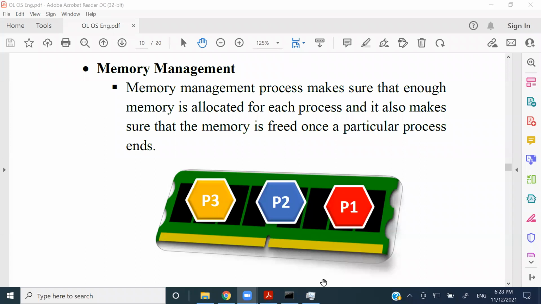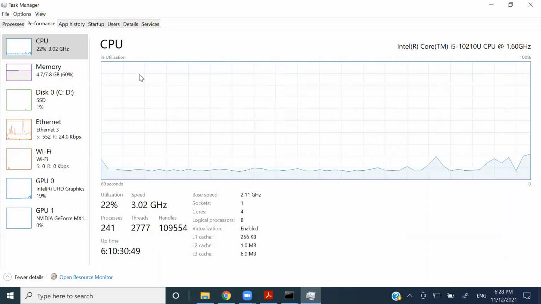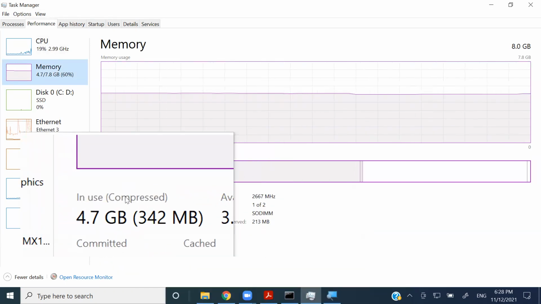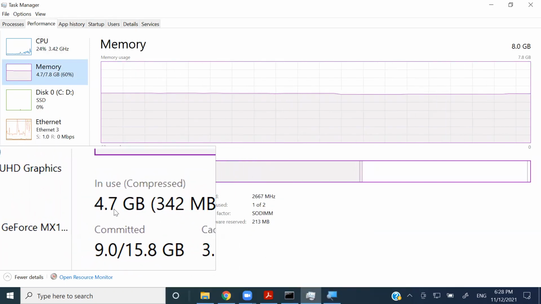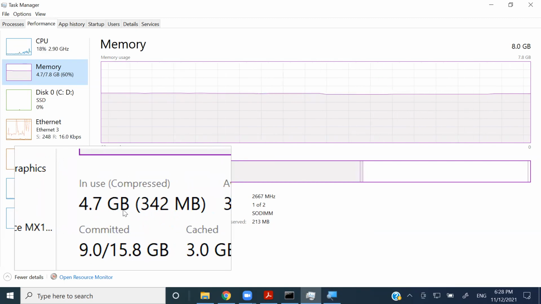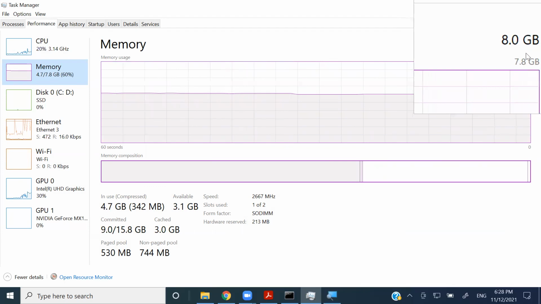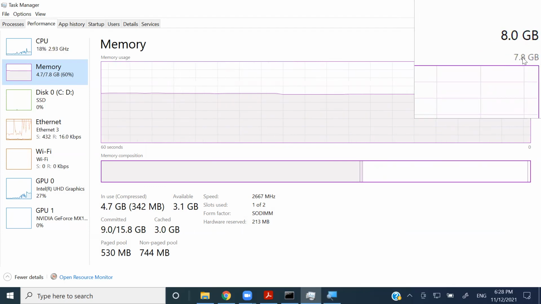So if you look into the memory over here, you can see this particular scenario, right? Look at this. It says in use 4.7 gigabytes in my computer. As you can see, I have 8 GB as the total.